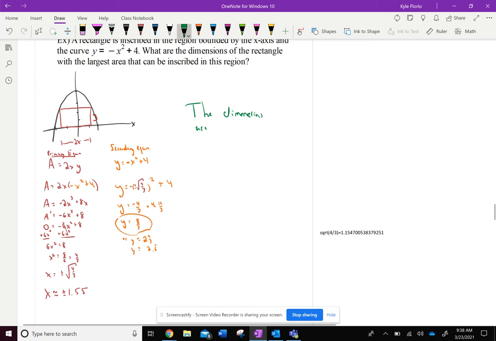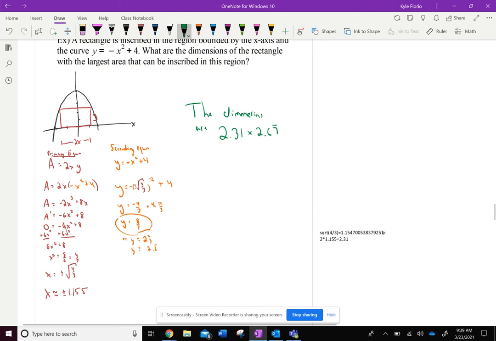I'm just going to type it here so you guys see what I'm doing. That's a 1.155. It's about 2.31 by the height, which is 8/3, or about 2.67.